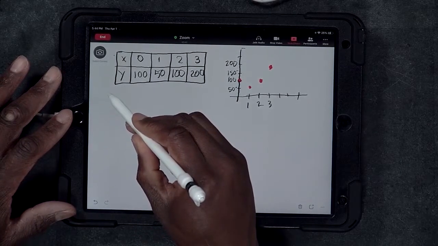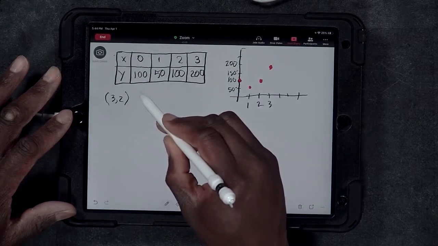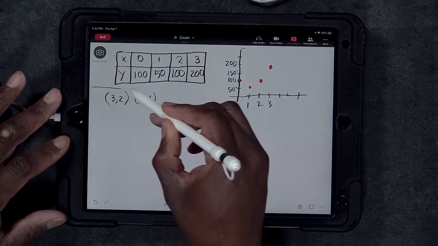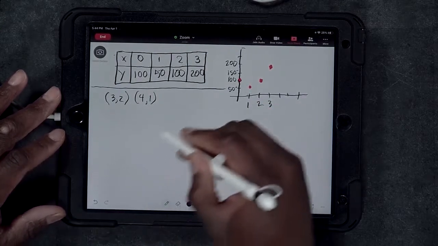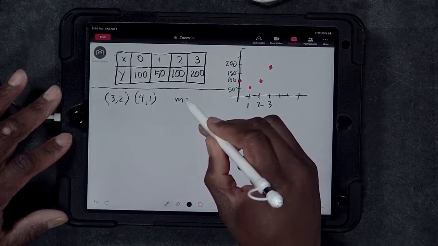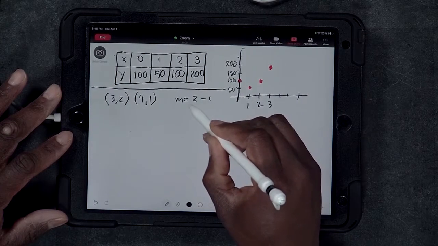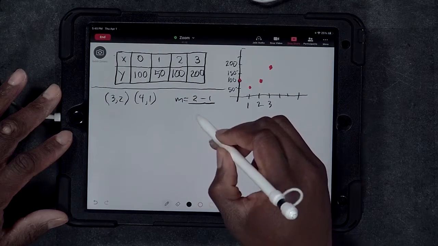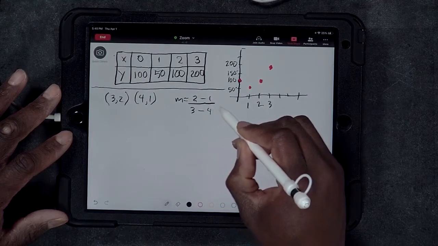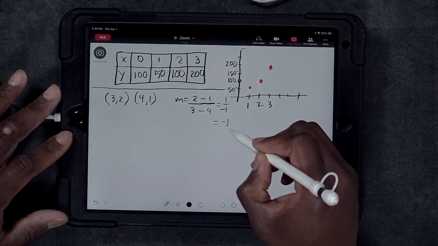In algebra, if you had, let's say, the points (0.3, 2) and (0.4, 1), just making up those points, you could first find the slope. You'd find the slope by taking the change in the y values, 2 minus 1, and dividing that by the change in the x values, 3 minus 4. Your slope would be 1 over negative 1, which simplifies to negative 1.